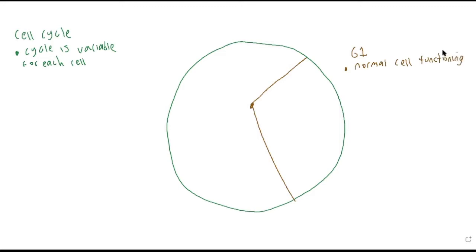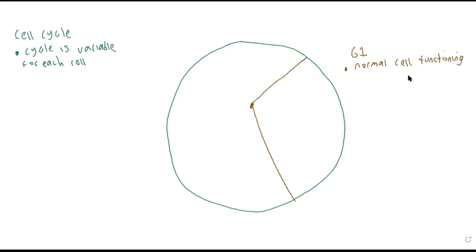It is now a fully functioning cell, and it's just doing its job, whatever its job is. If it's an enterocyte, it's absorbing nutrients. If it's a keratinocyte, it's being pumped full of keratin protein. If it's an erythrocyte, which is a red blood cell, it's carrying hemoglobin.